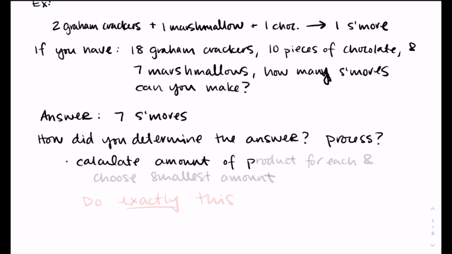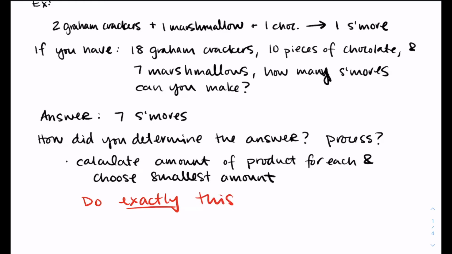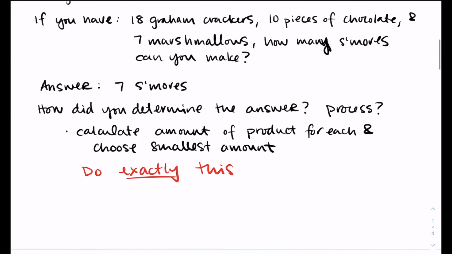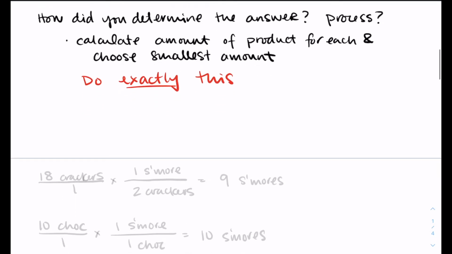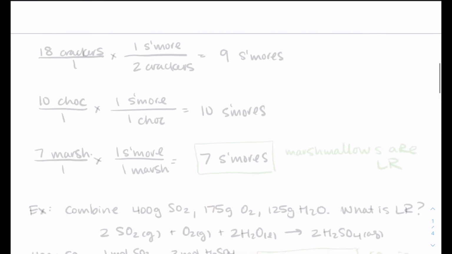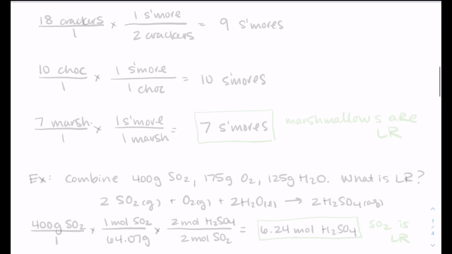So how did you figure this out? What was your process? Your process was probably, even if you did it so quickly in your head, that you calculated the amount of product you could make with each of these reactants and then chose the smallest one. With the 18 graham crackers, we could make 9 s'mores maximum.